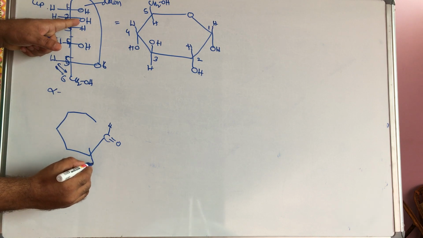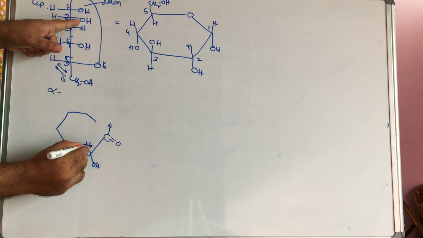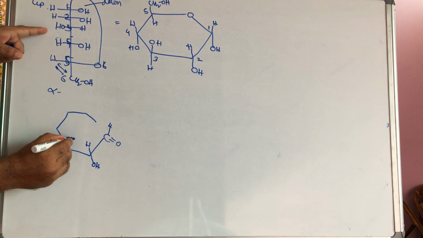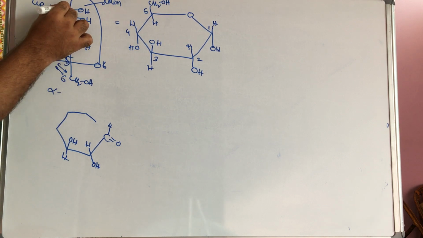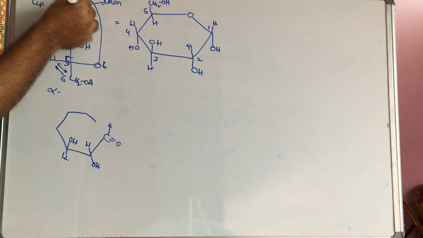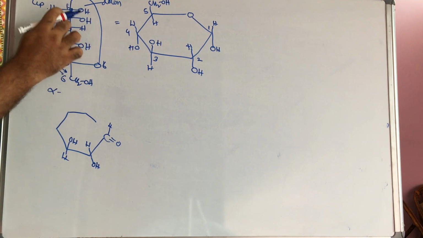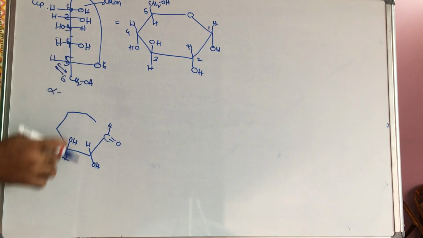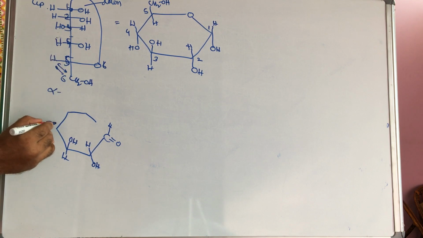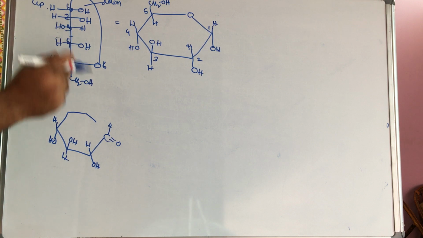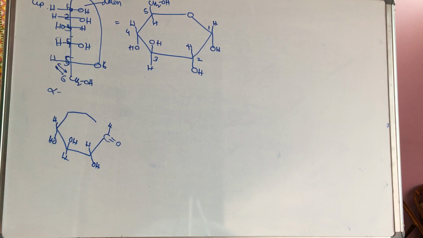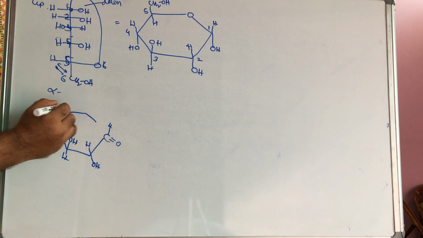OH, H. Next OH, H. This chiral carbon is the aldehyde, then comes OH. From here onward, OH right side, OH left side. Next OH at the fourth position, next H. Then at the fifth position, what is this? Right side.